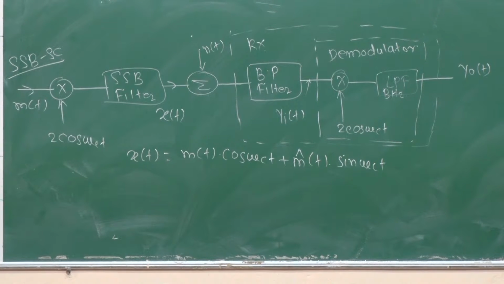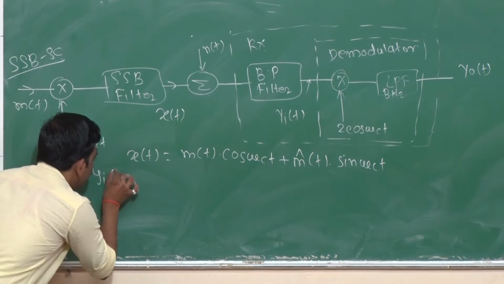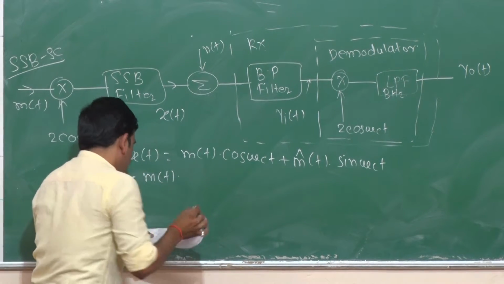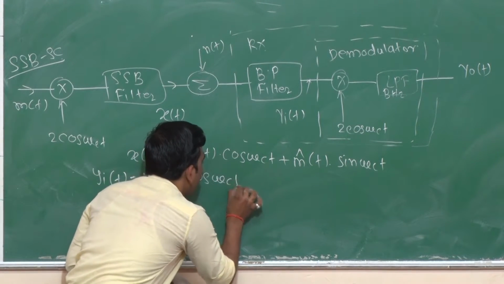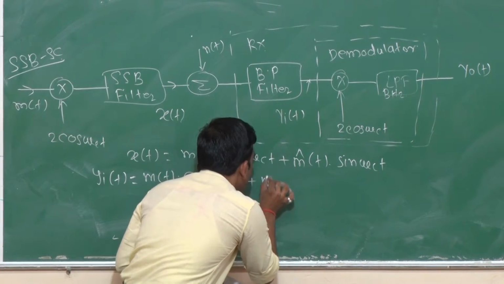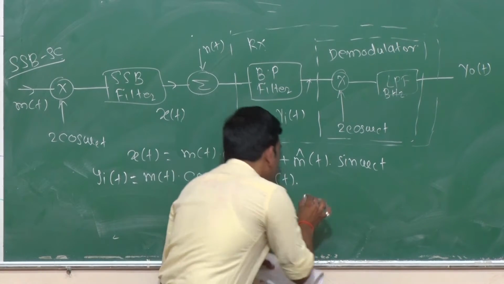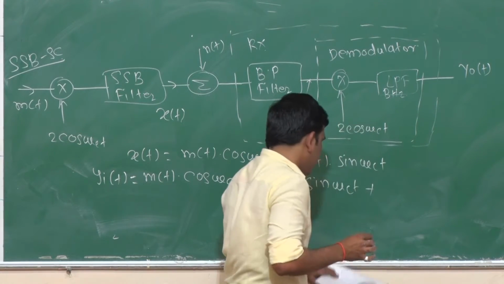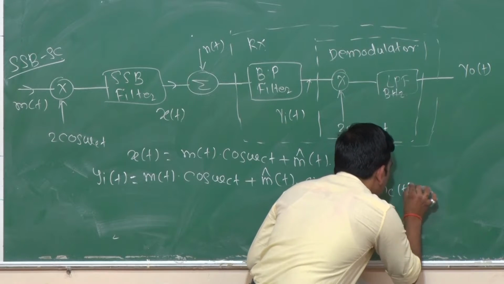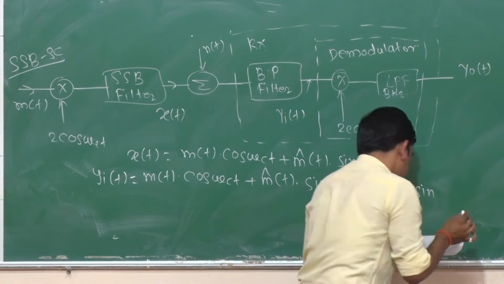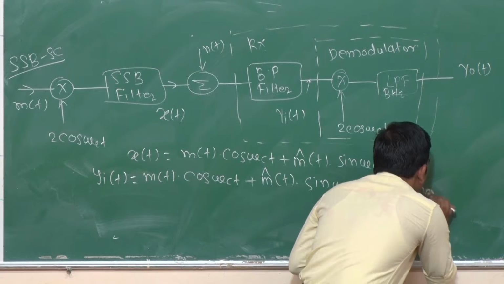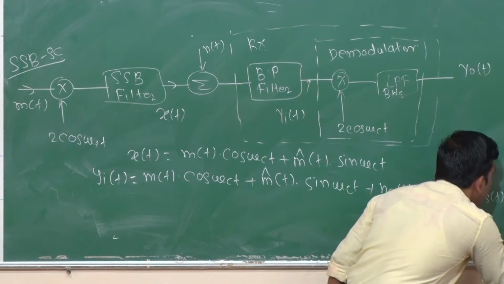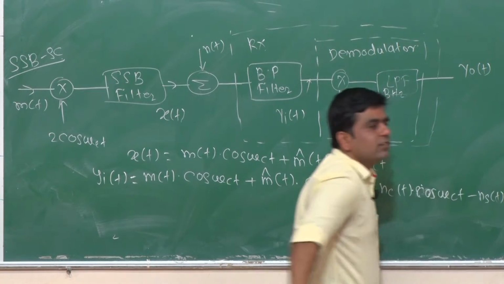Here y(t), the input to your demodulator, is nothing but m(t) cos omega_c t plus m cap(t) sin omega_c t plus your narrowband noise, which can be given as nc(t) cos omega_c t minus ns(t) sin omega_c t.